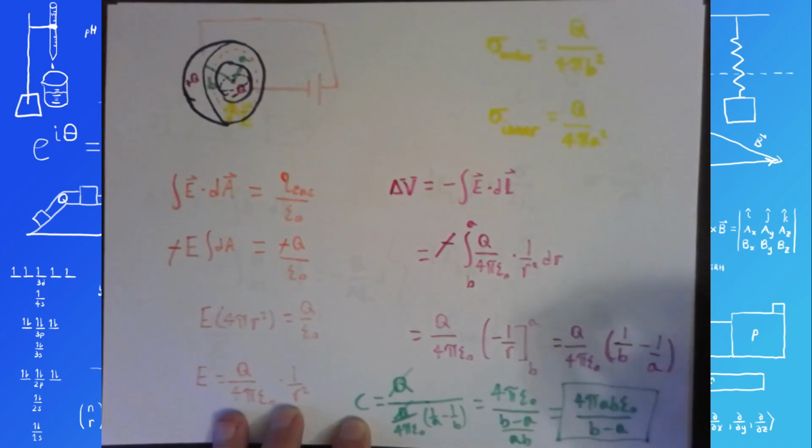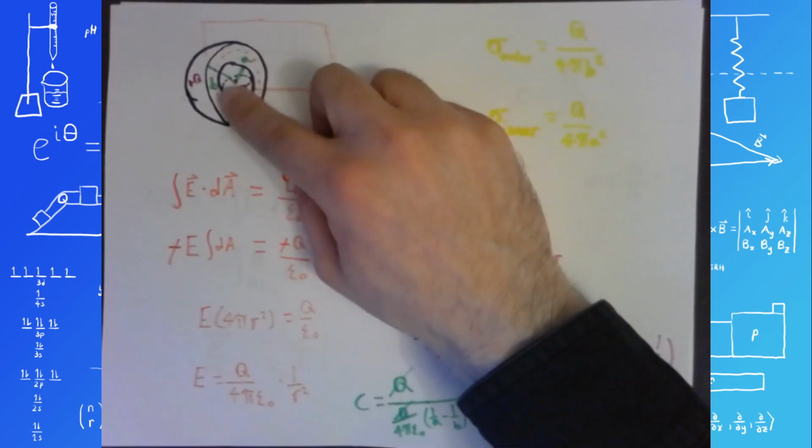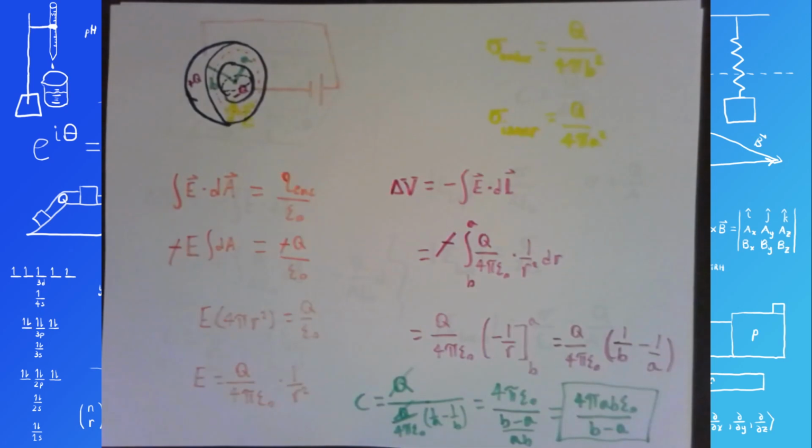And there you go. Once again, capacitance is merely a function of the geometry of your capacitor. All of these terms, well, at least all the variables in here, A and B in this case, are just geometric properties of our capacitor.